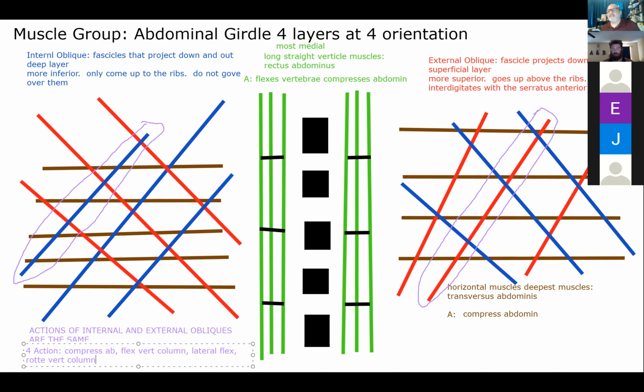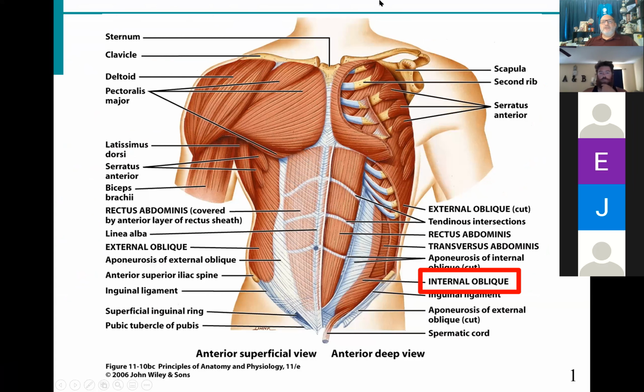Now, I like this simple illustration because it does a good job of showing us what we need, but we definitely need to see it in the body. Notice here we have our most superficial muscle with its fascicles going down and in, and it comes up and interlocks with the serratus anterior.